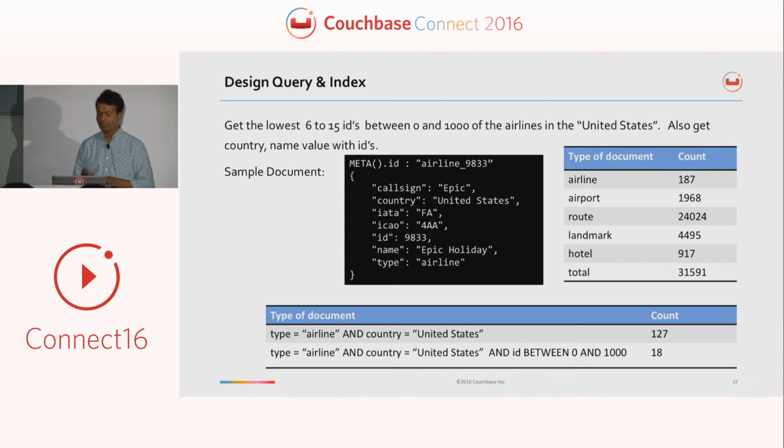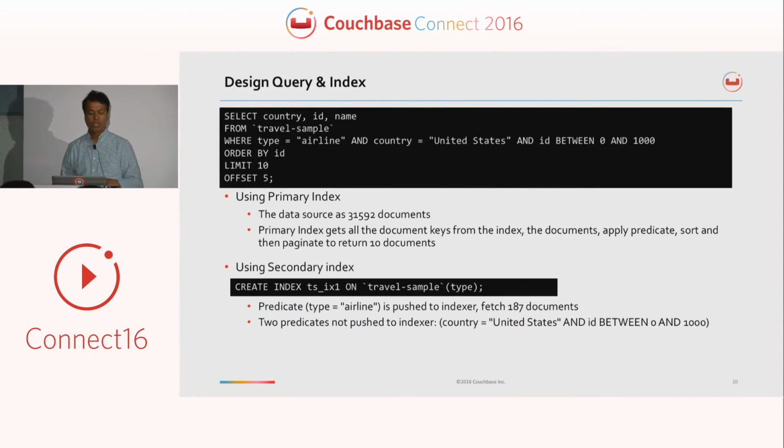So let's see how we can write the query for this, right? Our query to answer that problem is: select country, ID, name from travel-sample, and we have represented the requirement in the where predicate: type is airline, country is United States, and ID between 0 and 1000.